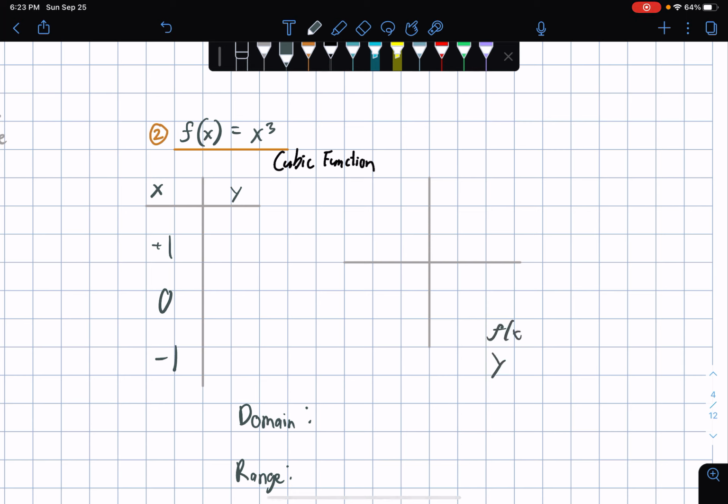So let's say f of x becomes y. Y is x raised to 3, such that 1 raised to 3 is still 1, 0 raised to 3 is 0, and negative 1 raised to 3 is still negative 1. Anyways, we get something like this. And if you graph it, you get something like this.